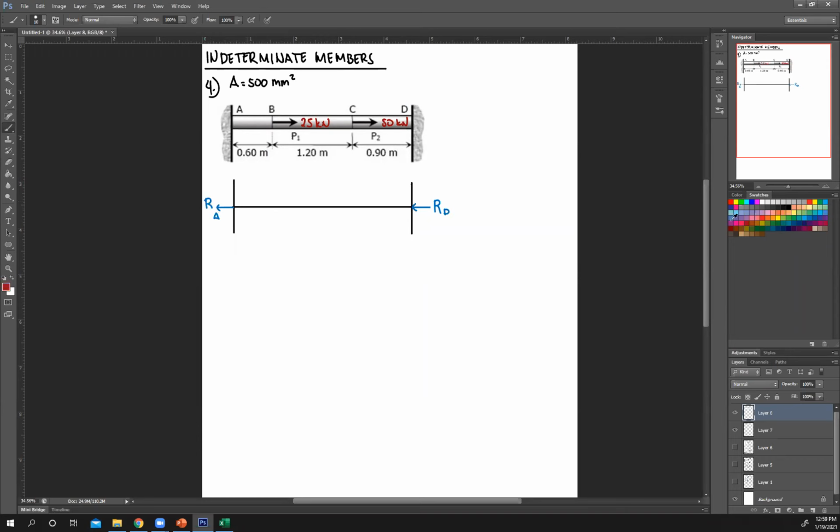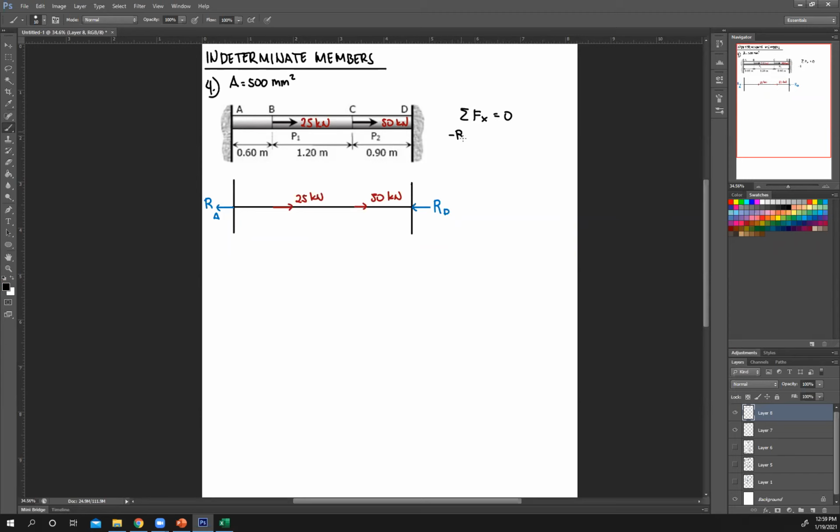So from this, I can create an equation. Okay. Let's write it here. Summation of forces X equals 0.